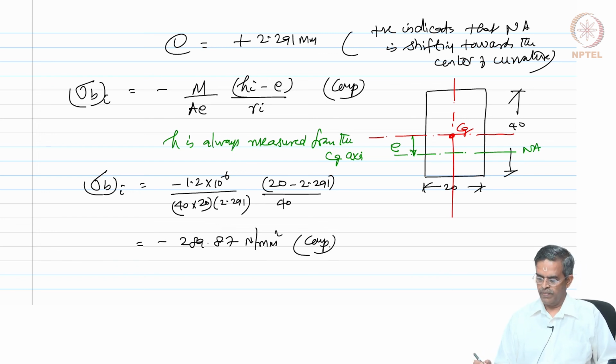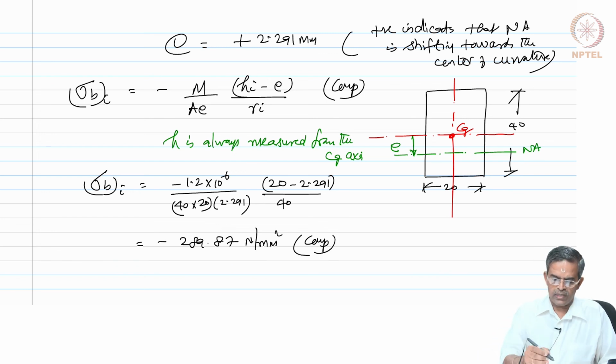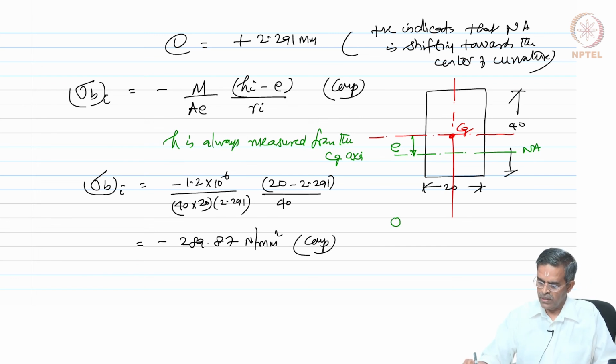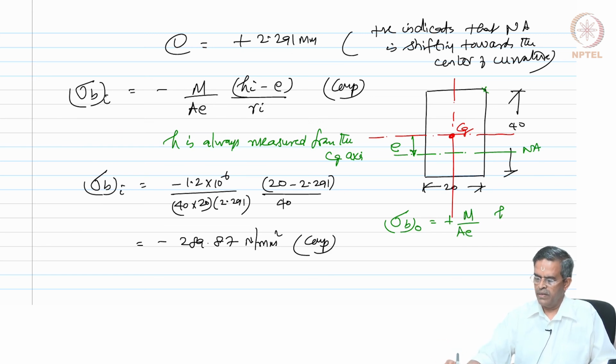This is intradas. Let us do this for extradas. So, bending stress at extradas, that is this point, will be plus m by A e, h o plus e by r o, tensile.